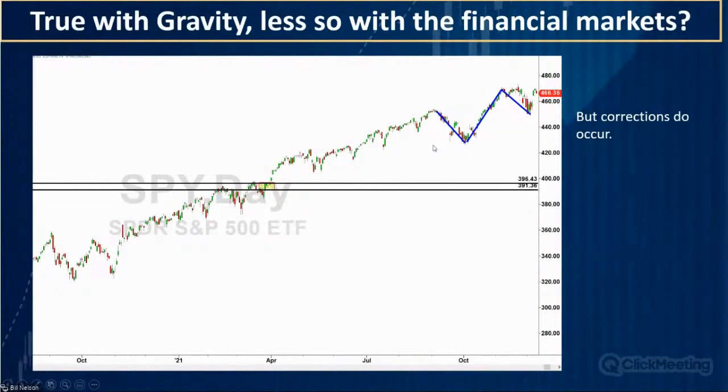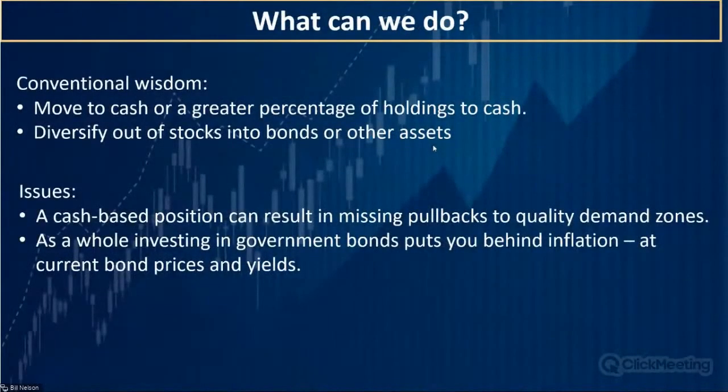And that leads us to the conventional approach that money managers, maybe even your financial advisor might be telling you, which is that in these kinds of times, you can move to cash.